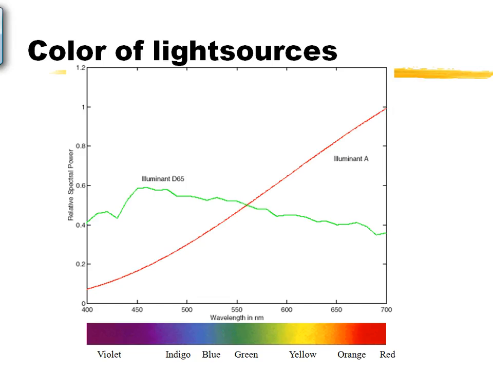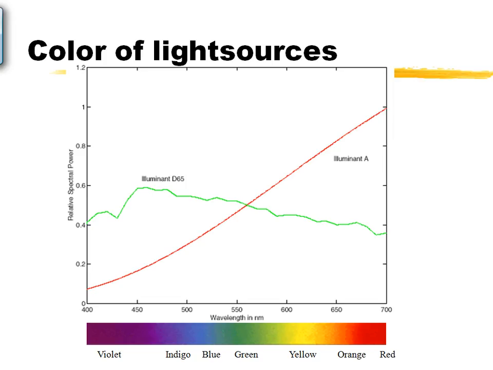So this can become quite problematic, because for most imaging conditions, neither do we have a good idea of what the color of the illuminant is, nor do I know the reflectance property of the object. So what do I do with color information that I pick up?